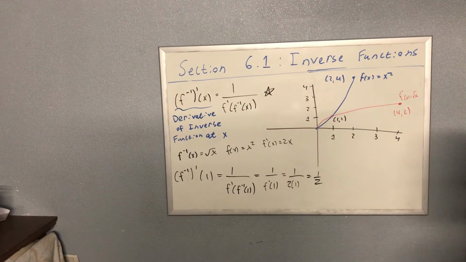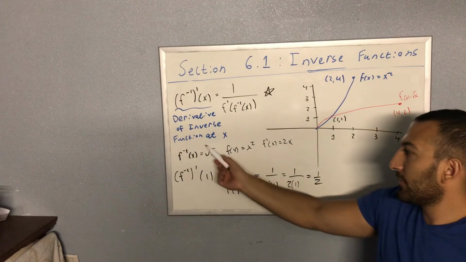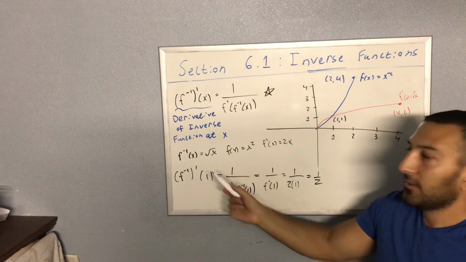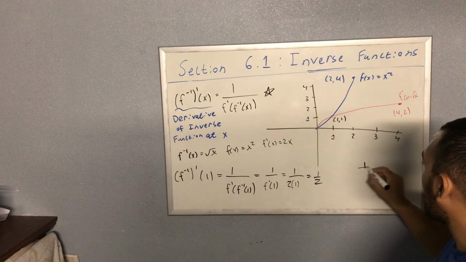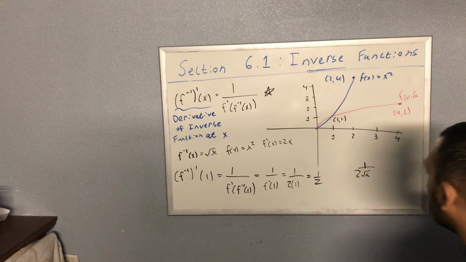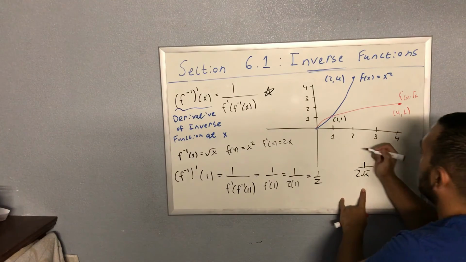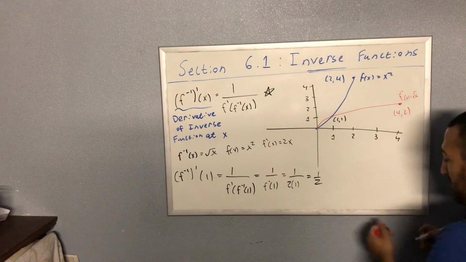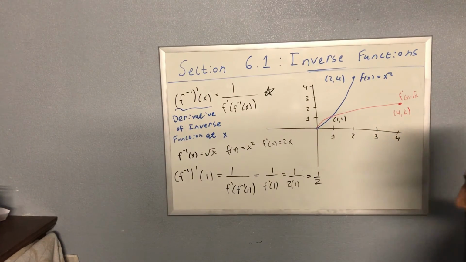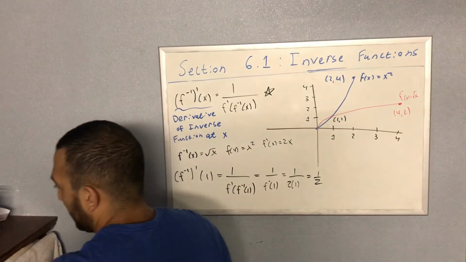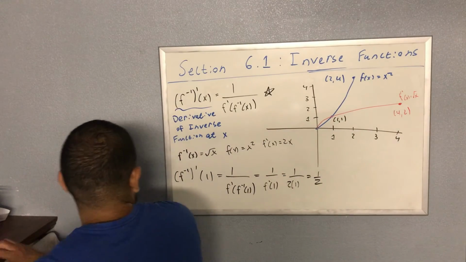Okay? And then again, we can actually calculate the derivative of this function explicitly. The derivative of root x is 1 over 2 root x. So notice when you stick 1 in here, you also get 1/2. So that's just a nice thing. Now, maybe let's do a more interesting example.